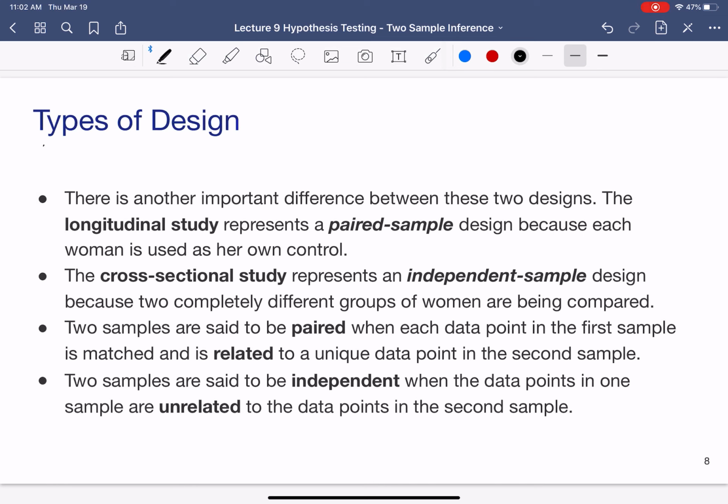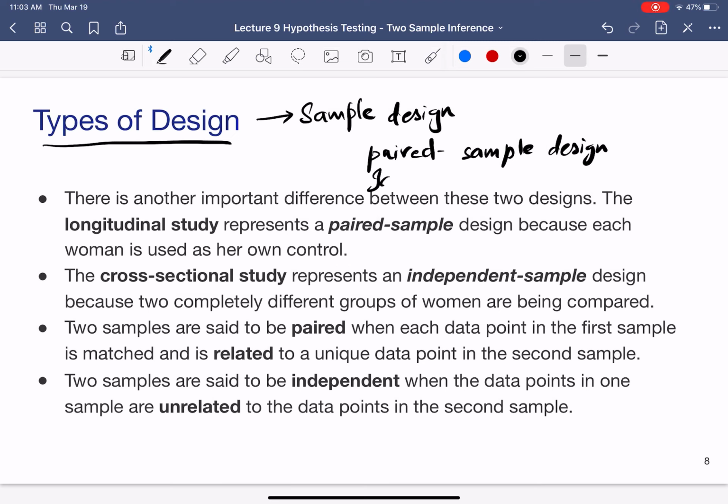Now in each study, notice that the one thing that changes is the sample and the design of the sample. So there are two types of sample design. One of them is a paired sample design.